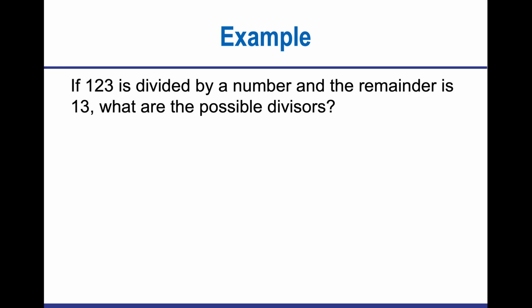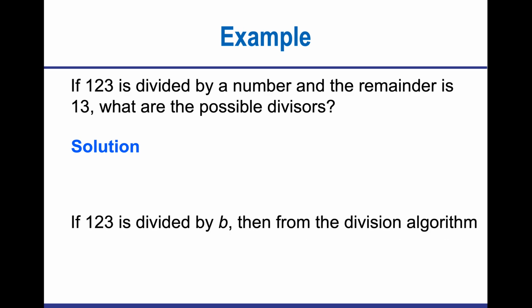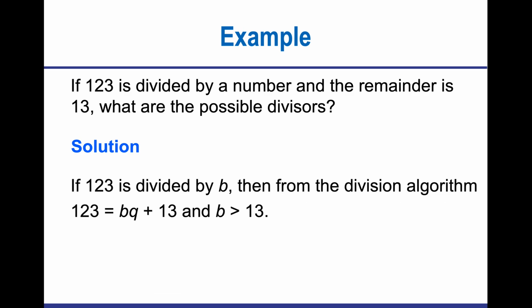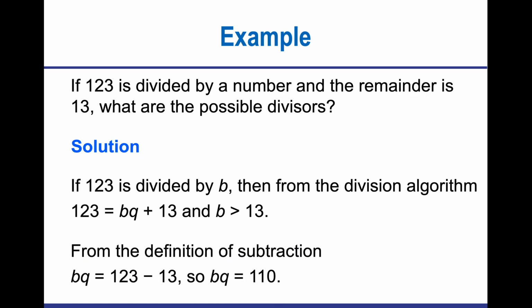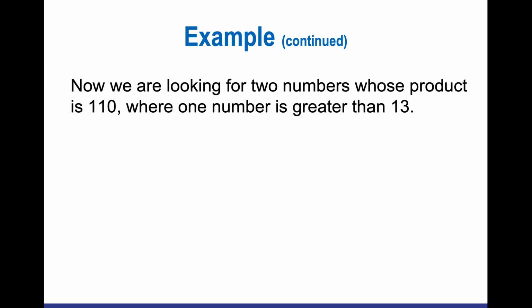So if 123 is divided by some number and the remainder is 13, what are the possible divisors? Well, I'm going to look at this as something plus 13 is 123, the product of 2 numbers. So I know that B has to be bigger than 13. From the definition of subtraction, I can take that 123 and subtract the 13 so that B times Q is 110. So what 2 numbers can I multiply to get 110?